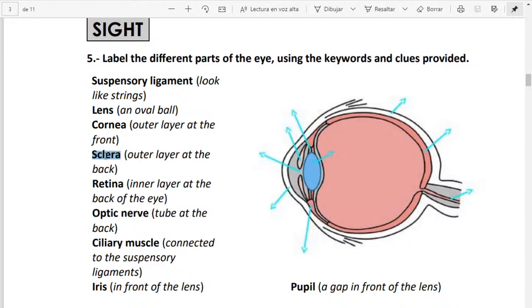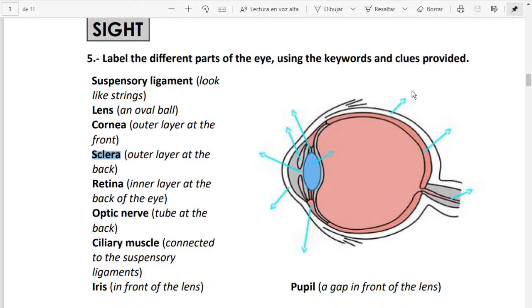In the front part is the cornea, and this part here is sclera. The correct arrow is this. You have to write down sclera.